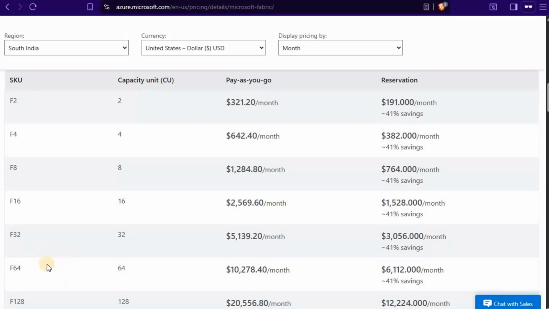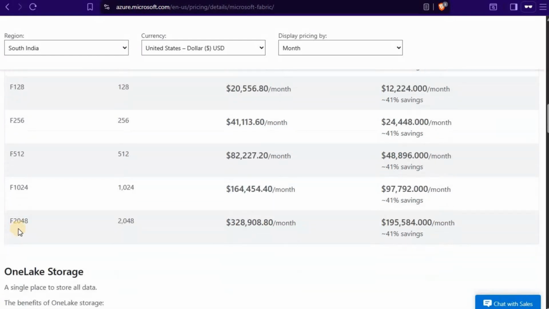Likewise, if we look at the mid-range example here, F64, which has 64 CUs, it is a much larger capacity. Its pay-as-you-go price is about $10,278, and with the reservation, it will be close to $6,112 per month. Again, we have this 41% savings here as well.